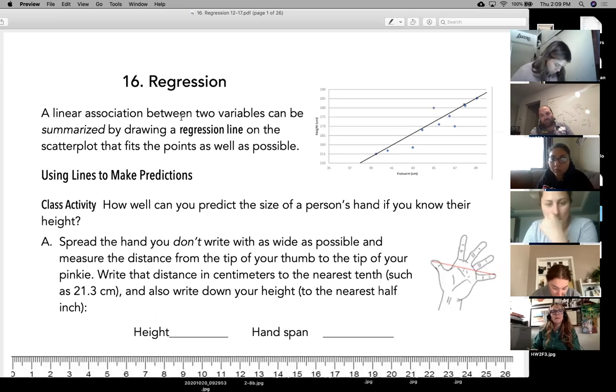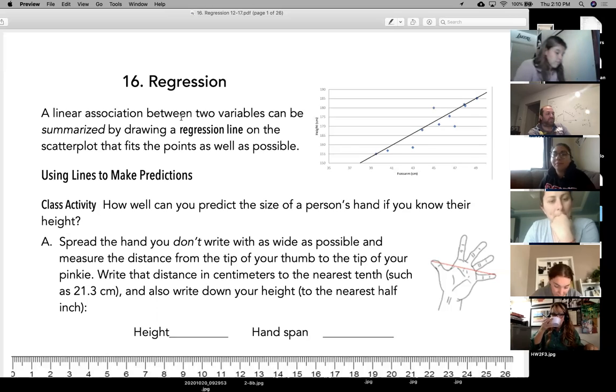There are ways of doing this that require calculus. We do not have calculus at our disposal in this class. It's not a prerequisite for the class. So therefore, you will not be given the formulas for finding the equation of the best fit line.